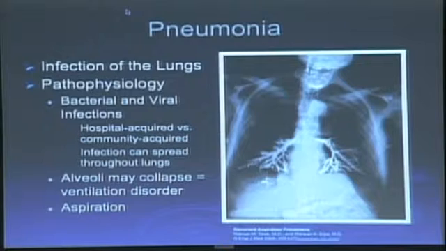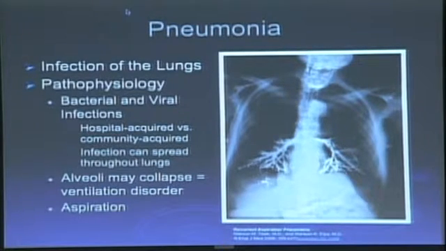Most pneumonia is either a bacterial or viral infection. Community-acquired pneumonia is the kind of thing you get just from being around pneumococcal disease mostly, and atypical pneumonias. Hospital-acquired pneumonias come from your exposure to bacteria in the hospital, which is more dangerous because we've created antibiotic-resistant forms of bacteria.